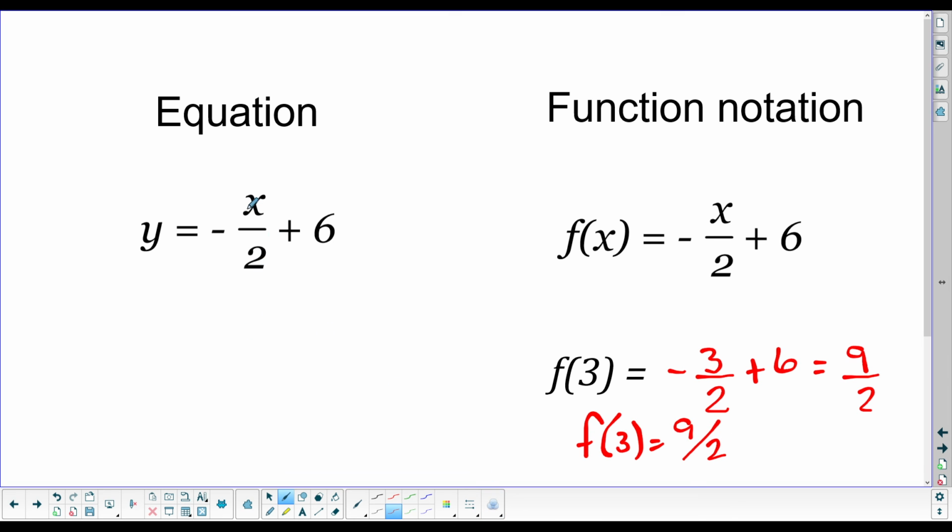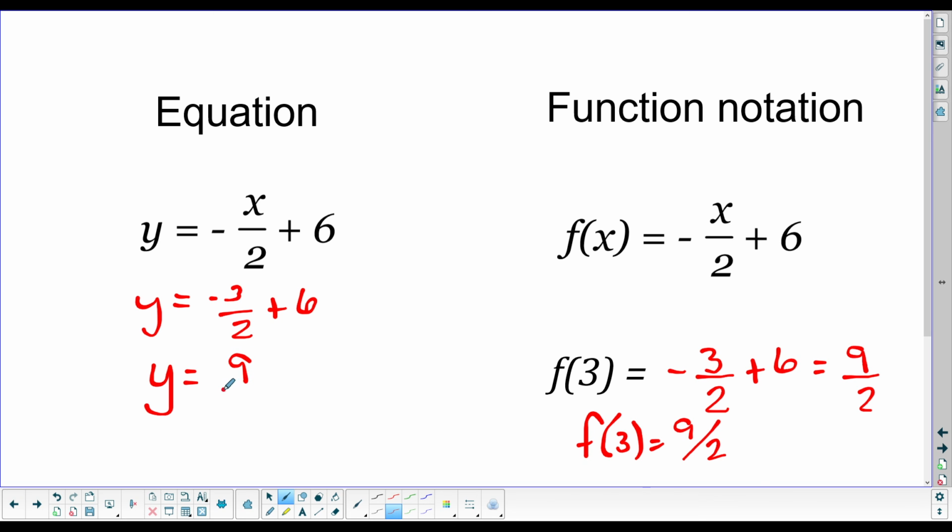If I plugged 3 into this equation, I would say that y is equal to negative 3 over 2 plus 6, and I get the same answer, I just list it differently. Here I would say the y value is 9 halves.